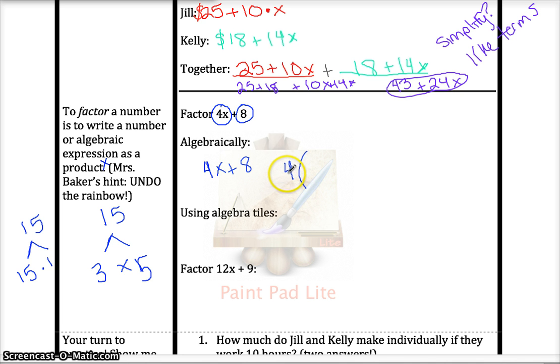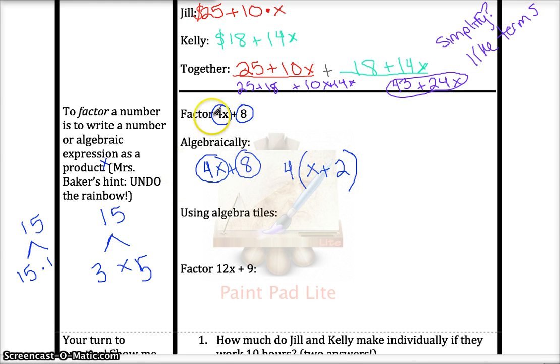So here I'm going to put my 4 on the outside of parentheses, and then I'm going to take out a 4 from this. So taking out a 4 from 4x, well, 4x divided by 4 is just x. And then 8 divided by 4 is just 2. So I've got x, and it's a positive, so x plus 2.